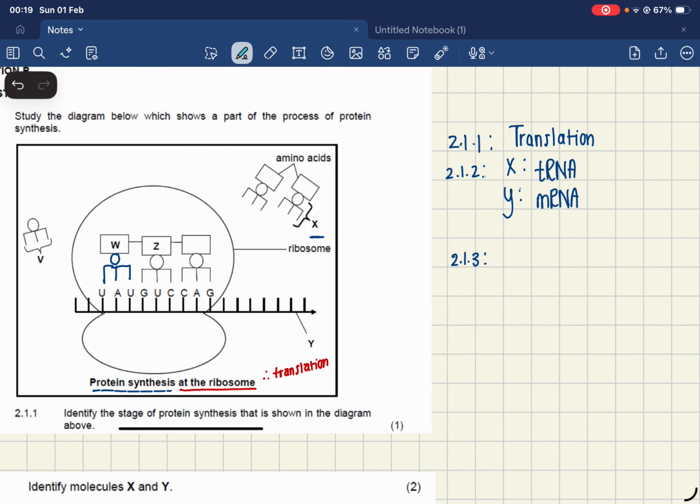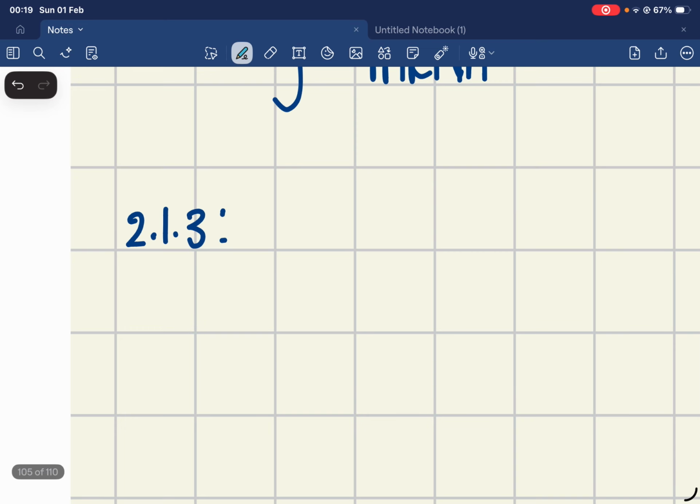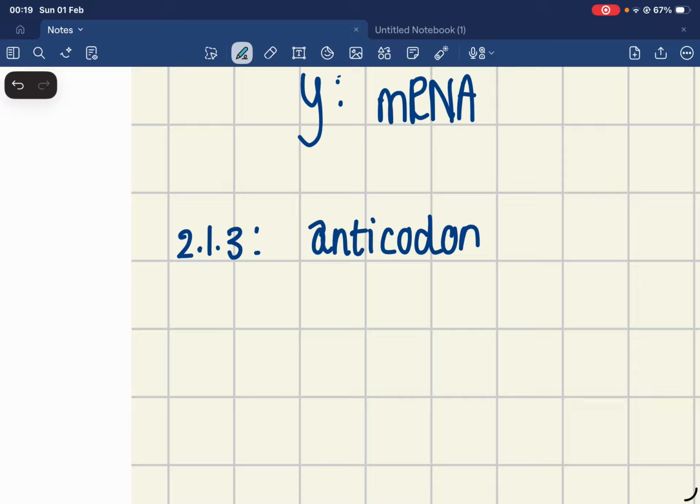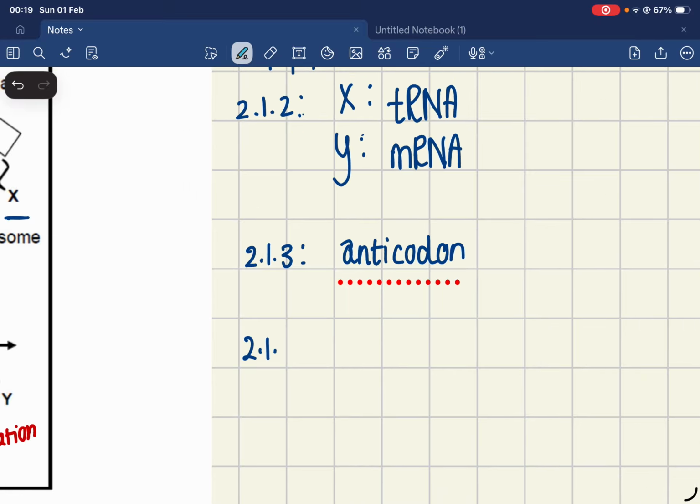And when V is tRNA, the 3 nitrogenous bases on tRNA would be called an anti-codon.